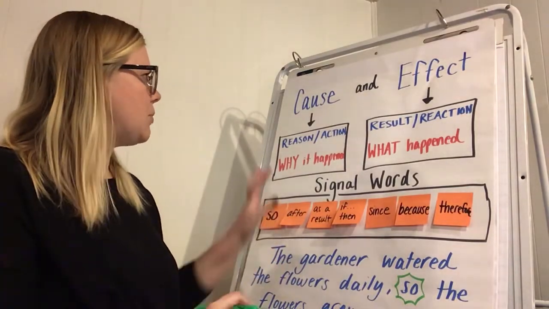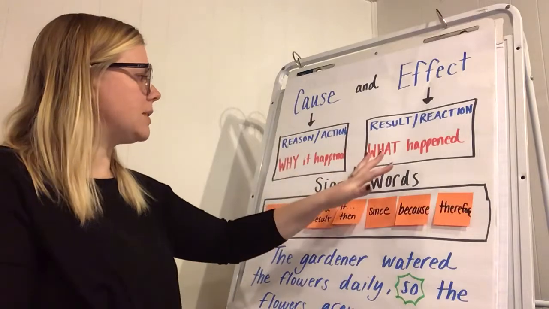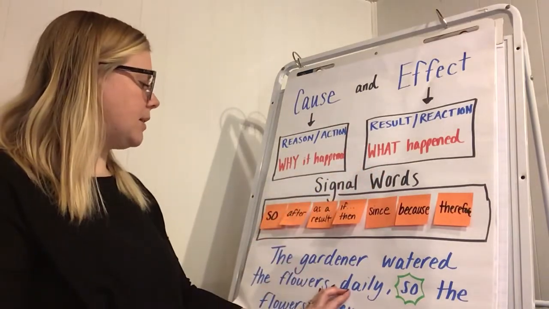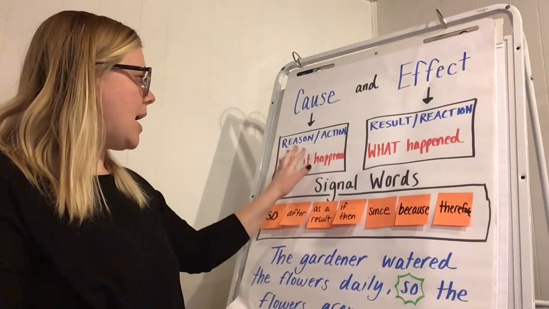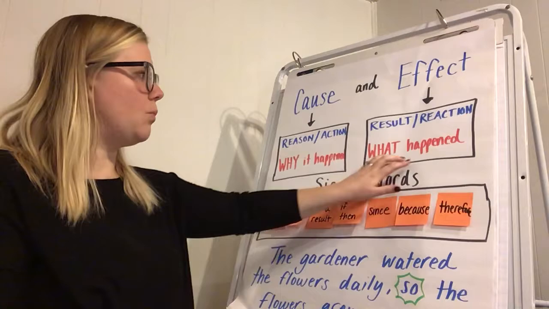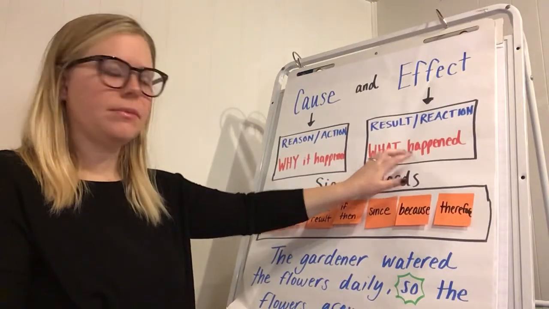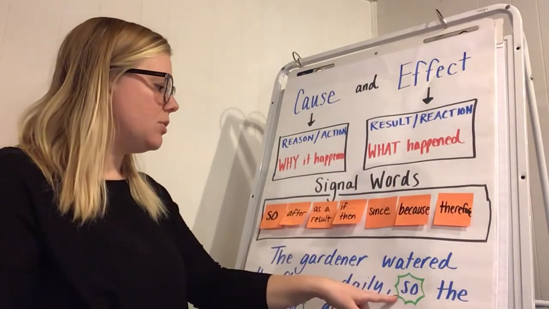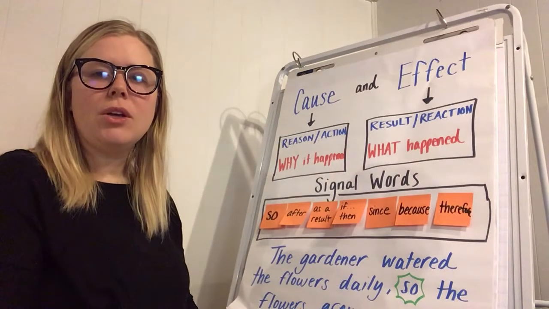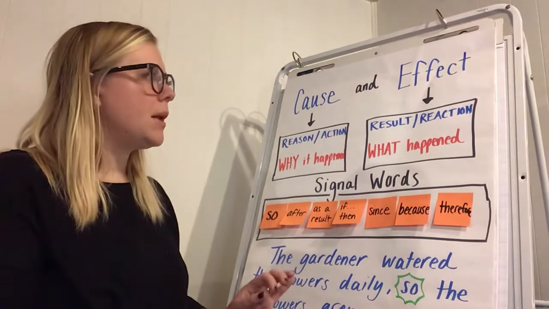All right, so let's figure out what is the cause and the effect in this sentence. The gardener watered the flowers daily. Is that why something happened or what happened? Let's keep reading and see. So the flowers grew. So let's think about it this way.